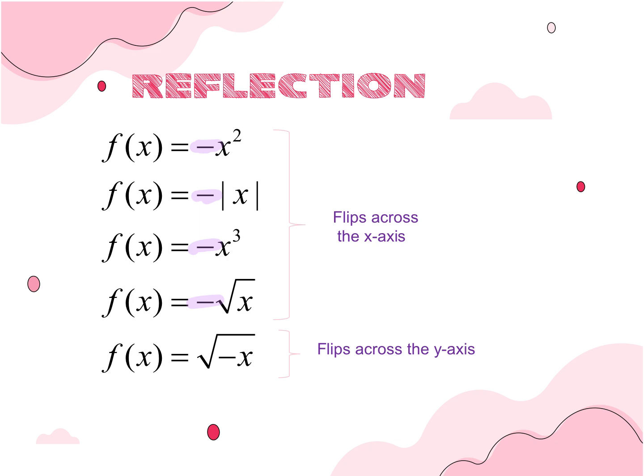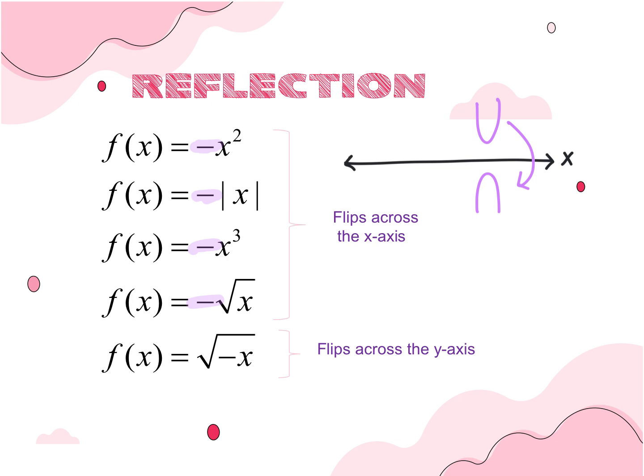So when I say reflection, what do I mean? Here's my x-axis. If my graph was up here, let's make it a U, and I'm reflecting it over this side, it's going to be something like that.